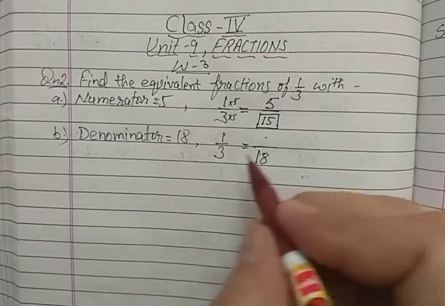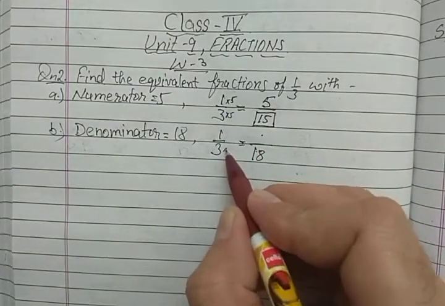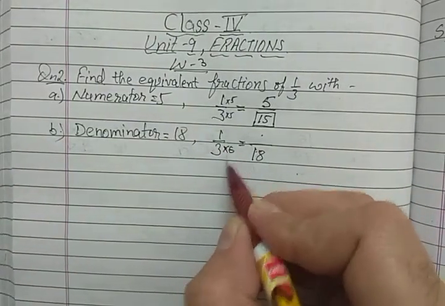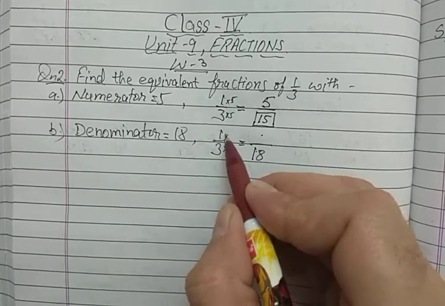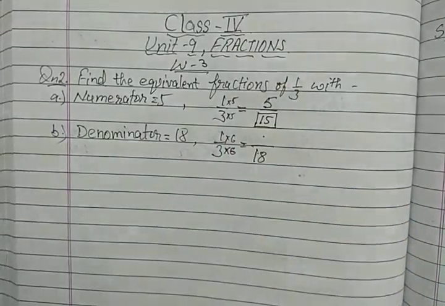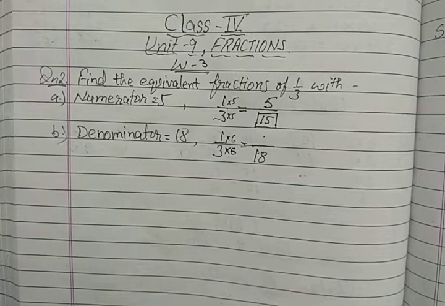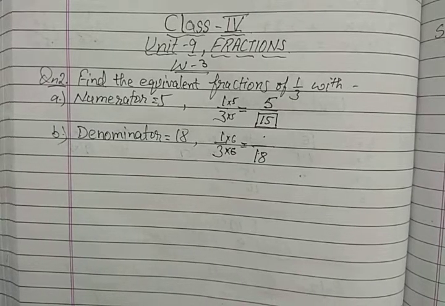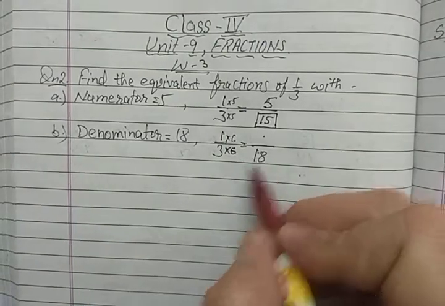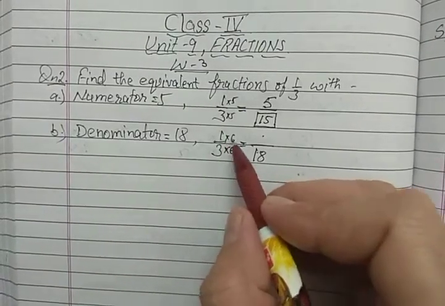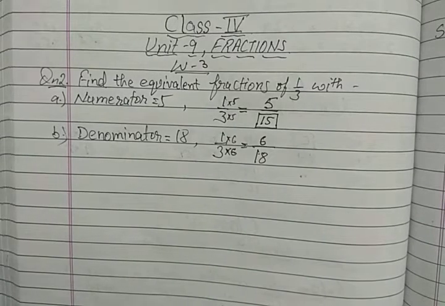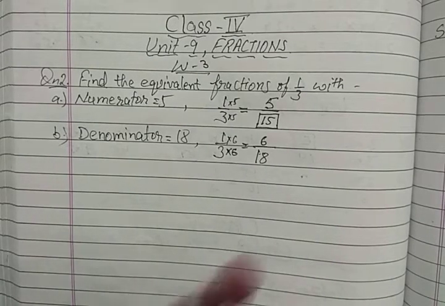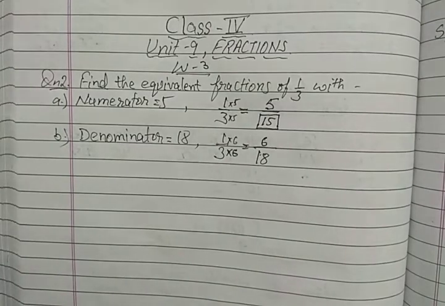So 3 6s are 18. We have to multiply the numerator by the same number. You know that we have to multiply numerator and denominator by the same number to find the equivalent fraction. So 3 6s are 18 and 1 6 is 6. So this is the second equivalent fraction, that is 6 upon 18.